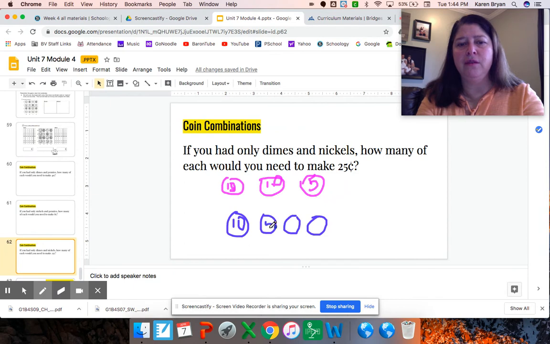So if these are each worth 5, my count then would be, starting with my 10, 10, 15, 20, 25. So I was able to make the amount 25 cents in two different ways. This would be our least amount of coins. We only had to use 3 coins here. But another way that you could do it would be by doing that.